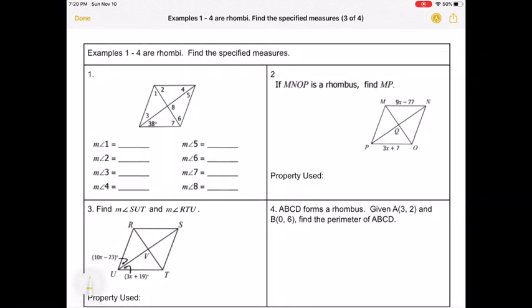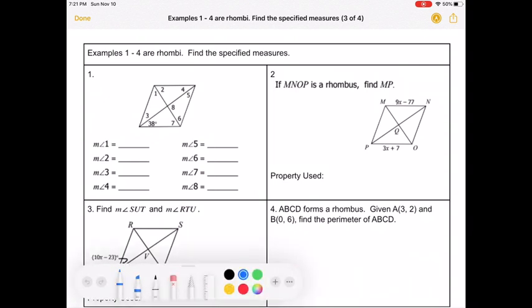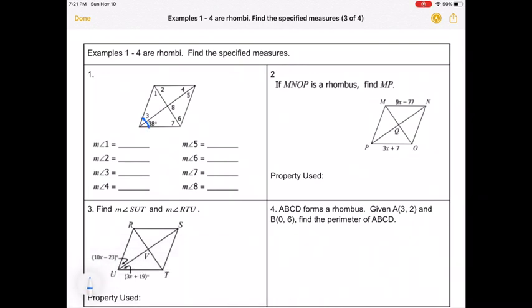Okay, now moving on to some problems. So they give us 38. So some easy ones that don't require math are, so this gets bisected. So if that is 38, 3 is also 38. Then you could do the opposite side. So if those two are both 38, then 4 and 5 would also be 38.